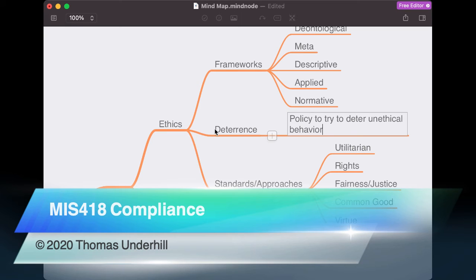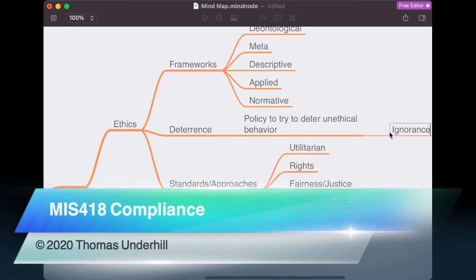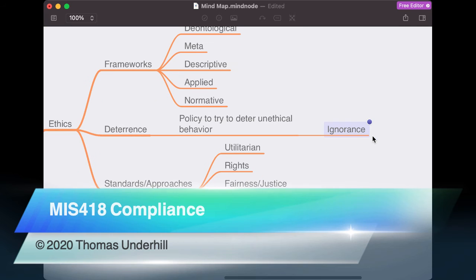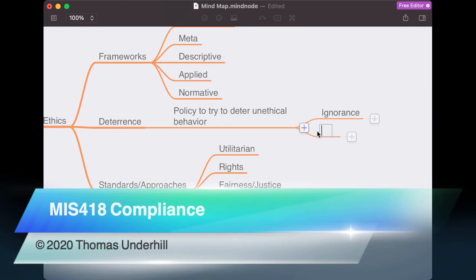Okay. What we want to try to do by deterring this unethical behavior, we want to avoid excuses such as ignorance. Okay, well, I wasn't aware that this was a problem. Okay, so what can we do to deal with that? Well, we can do security education and training awareness programs, or SETA, which can help, as well as things like policies that people have to sign and acknowledge that they've read.